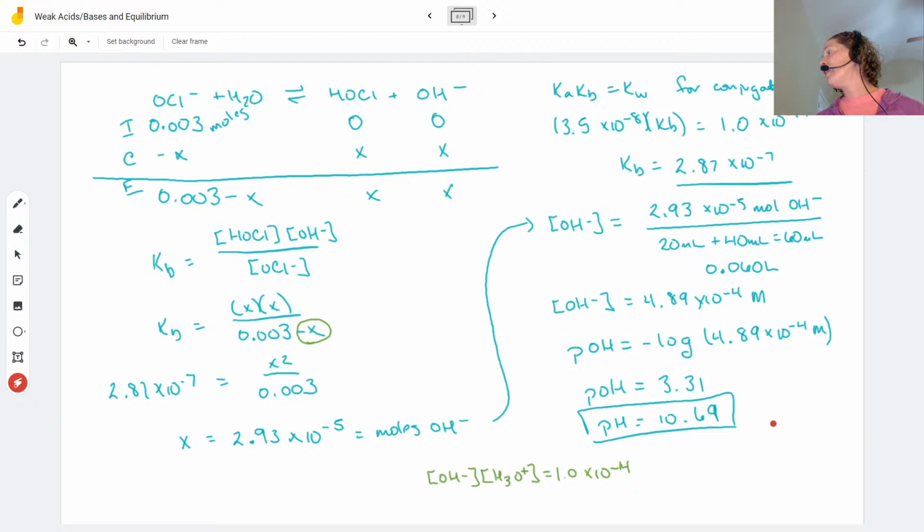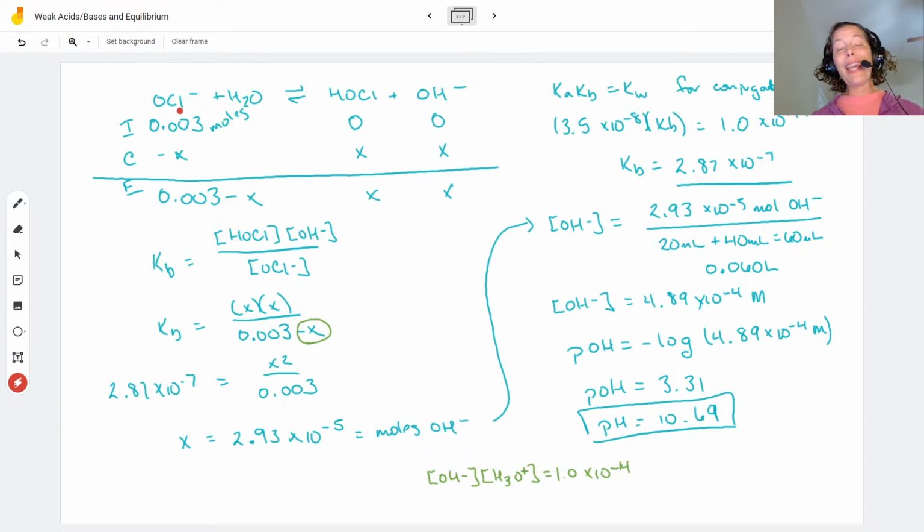Does the autoionization fit? Yeah, autoionization of water. It depends on the strength of your weak base. But remember, when you do your Kw here, it's 10 to the negative 14th. So at this point, we can assume that our conjugate base here is dominant and we don't need to worry about the autoionization of water.